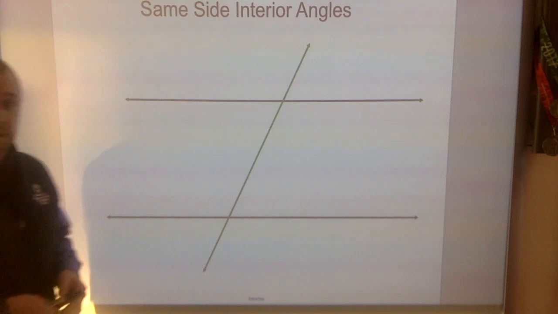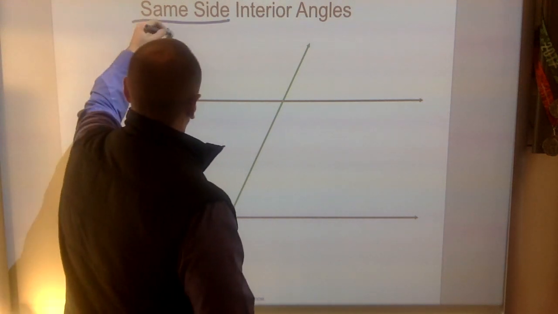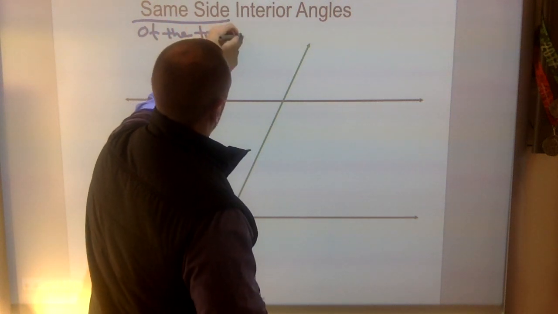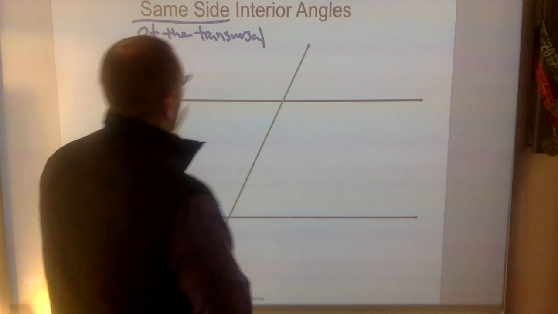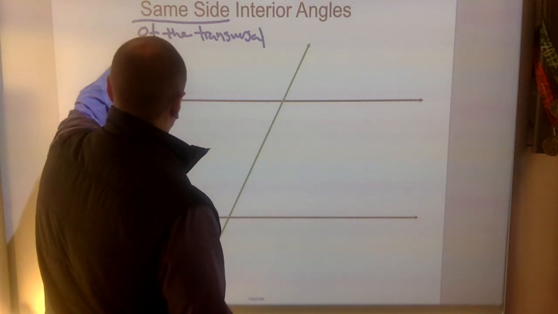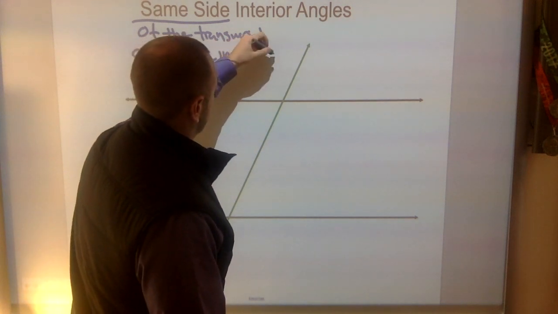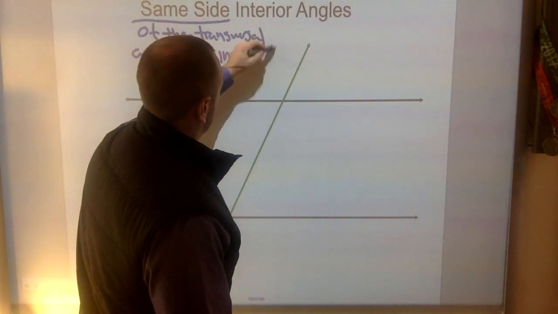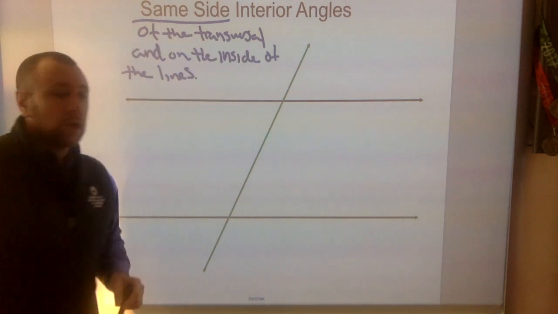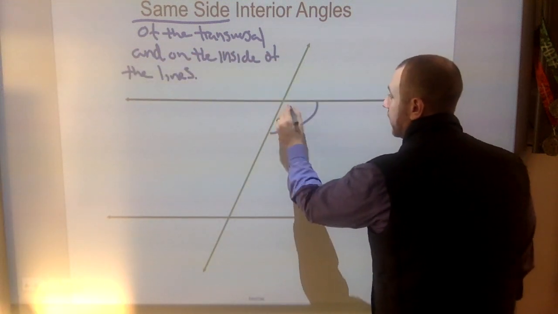Same side interior angles is just how it says. Same side of the transversal. Okay? And on the inside of the lines. So it would be angles like this angle right here.